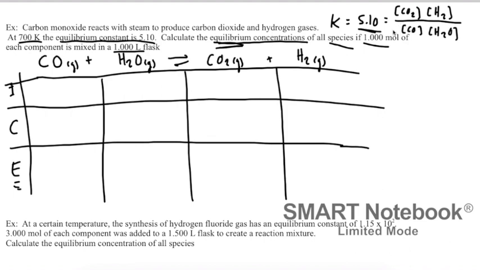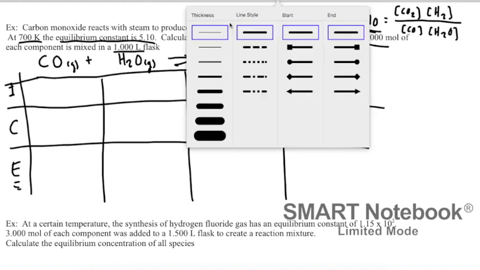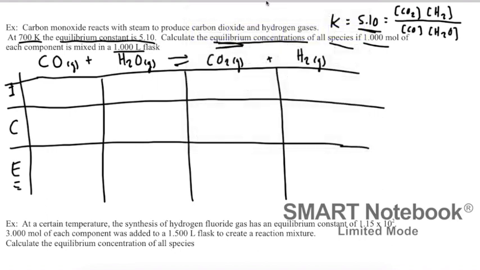All right. So first I just want to follow this table down. I want to think about what I have initially before the system reaches equilibrium. I know that initially I have taken 1 mole of everything and I've mixed them in a 1 liter flask. And remember, I'm trying to write down initial concentrations. Well, concentration is moles per liter.